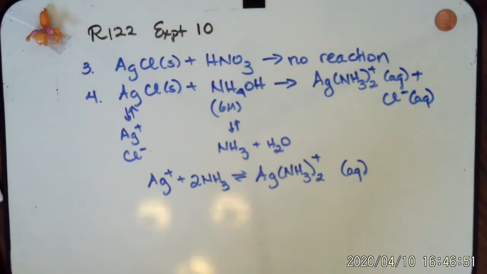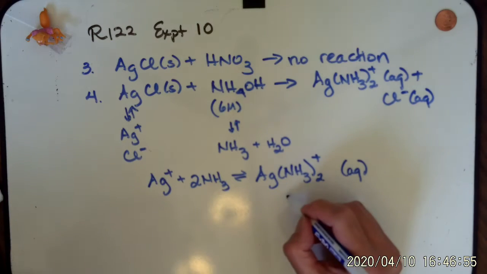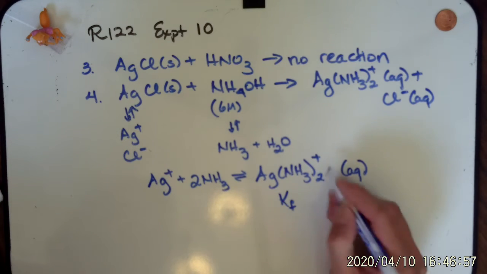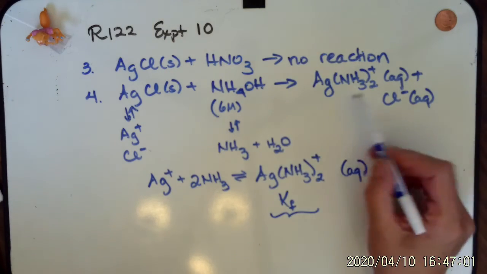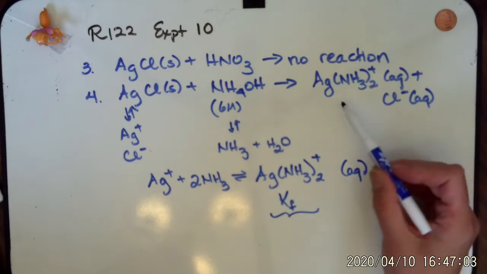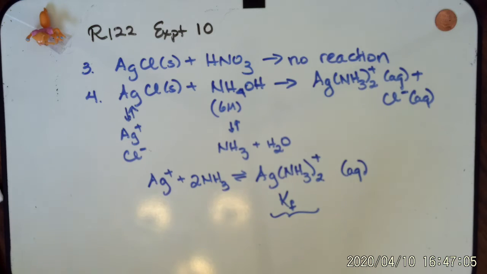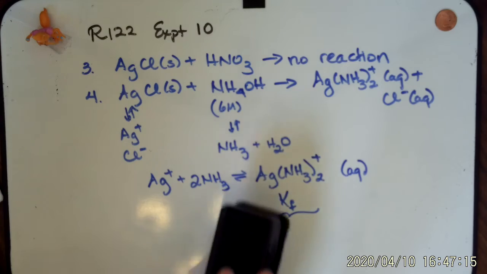So that's how we dissolve silver chloride. So you can find the Kf, okay, to be large. And what this does is by combining the two, this means that this becomes soluble. Okay? So, that's what happens when I add the ammonium hydroxide. It's not because it's the base so much as it's because of the ammonia.